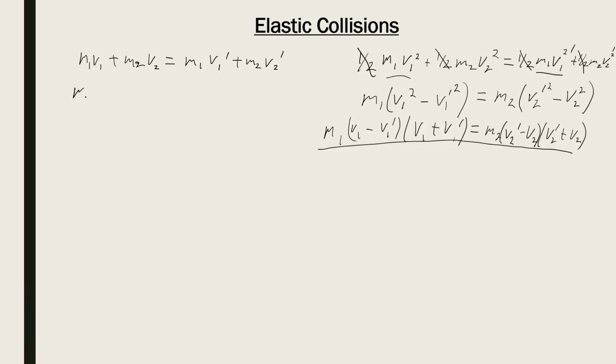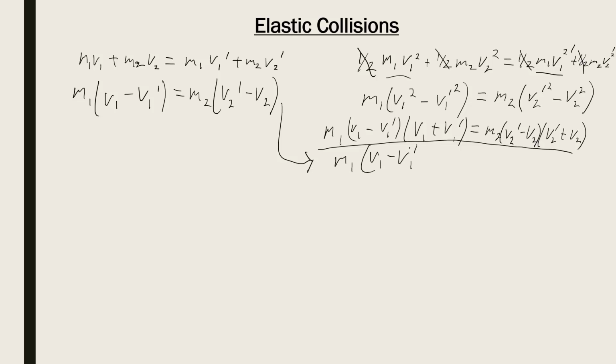Alright, so collect the m1 terms on one side: m1 times (v1 minus v1 prime) equals m2 times (v2 prime minus v2). Alright, now I'm going to divide by that. Sorry about that. So m1 (v1 minus v1 prime) equals m2 (v2 prime minus v2), and hopefully you see where we're going here.